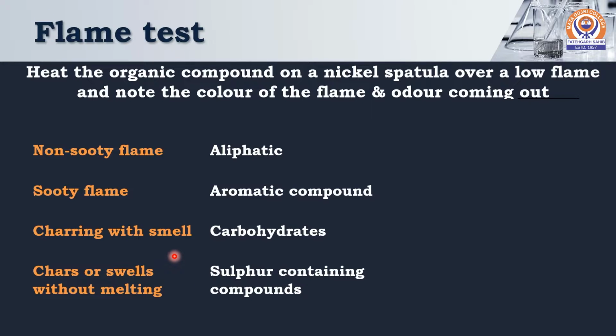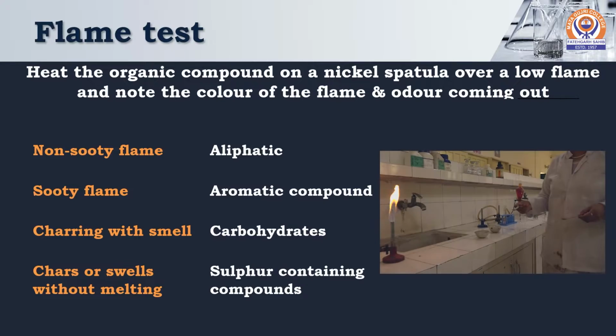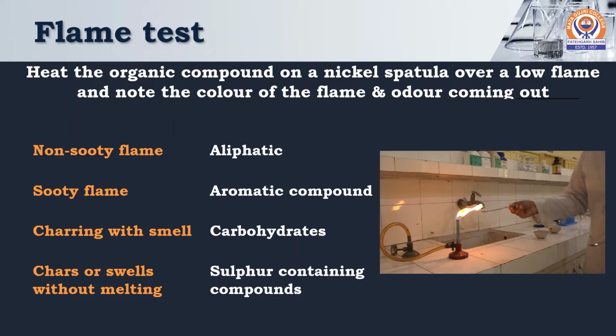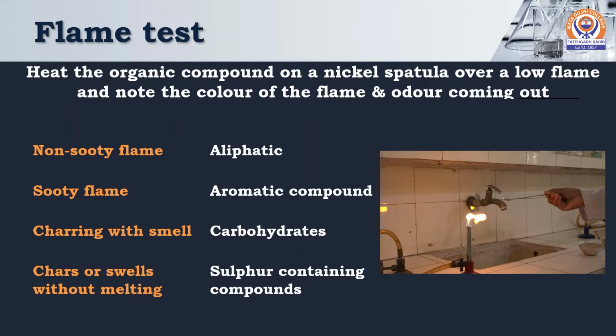Next is the flame test. For this, we will take the organic compound on a nickel spatula, and over a low flame, we will note the color of the flame and the odor coming out. Non-sooty flame is of aliphatic compounds. Sooty flame is given by aromatic compounds.